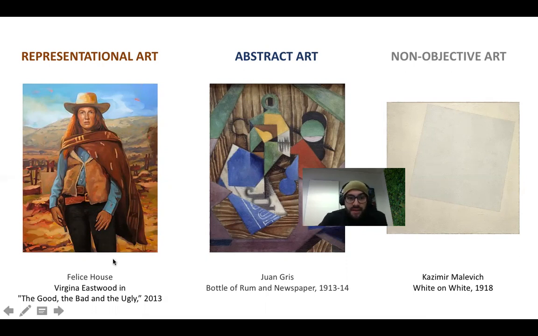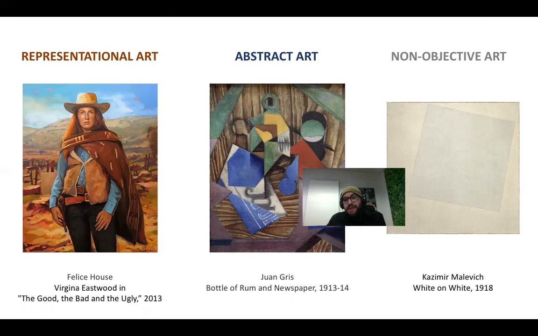I have Felice House here, who is an artist that currently resides in Austin, who makes paintings of women, mostly of Western setting. And then we have Juan Gris, who's a Cubist artist from the early 1900s.